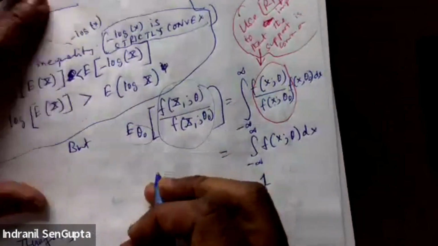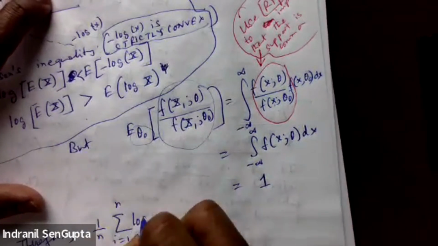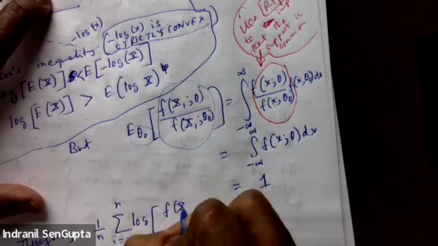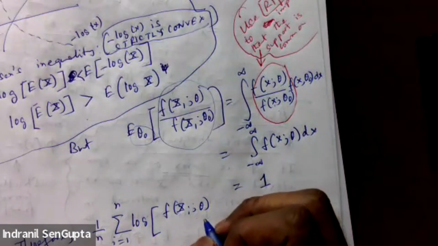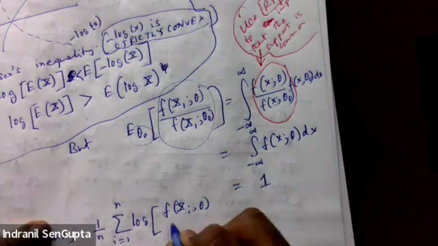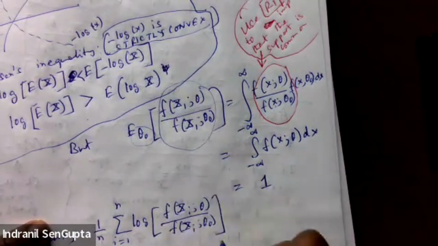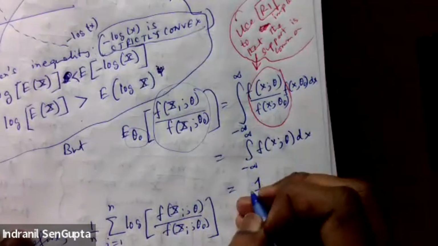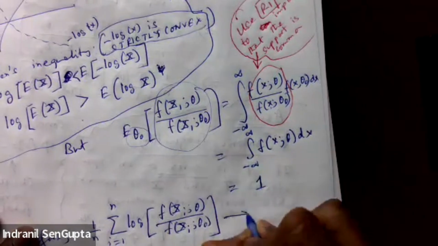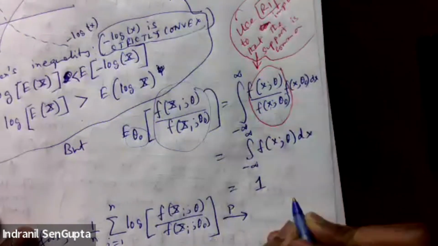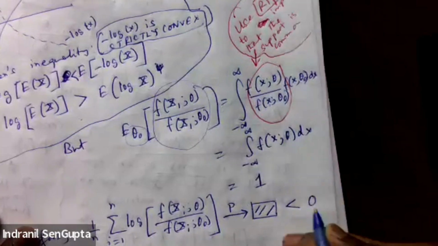So 1 over n, the summation i from 1 to n of log of f of xi theta over f of xi theta 0, is going in probability to something which is less than 0.